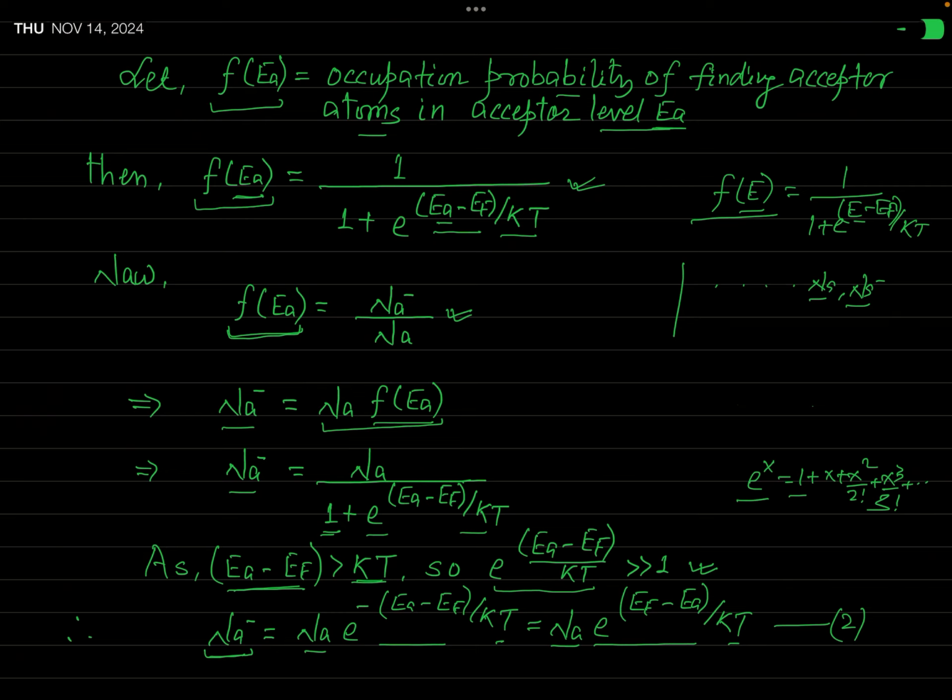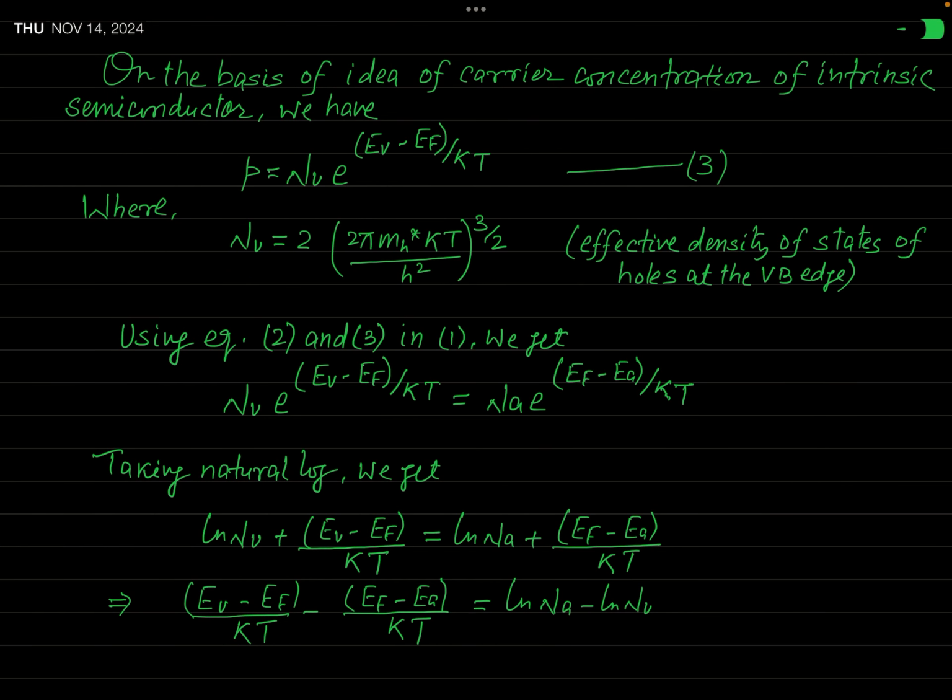Utilizing that idea, P, which represents the concentration of holes in a pure semiconductor, that formula will be directly utilized here. You learnt earlier in the previous lecture that P is given as Nv times exponential to the power (Ev minus Ef) over Kt. Can you remember this result? You have already learnt this in the previous lecture, so you can remember it.